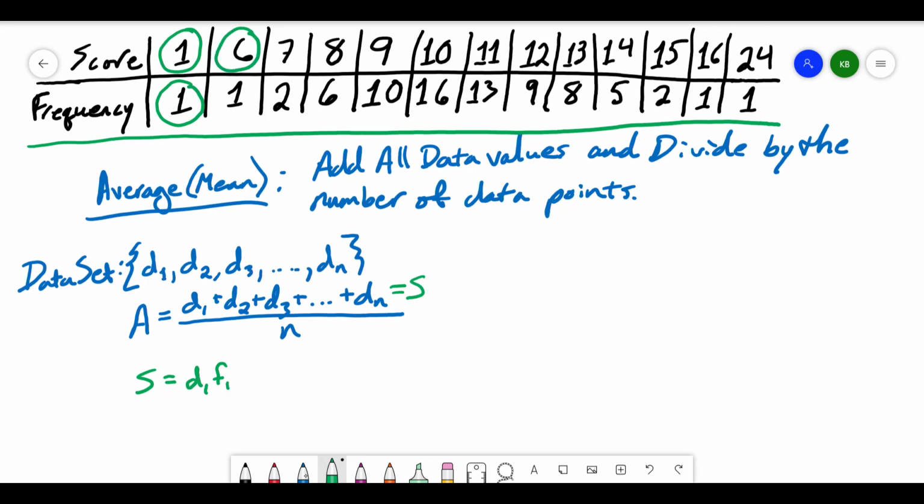Then I'll take data point 2 times its frequency, and I'll add these things together. And I'm going to do this for all of the values that my data takes on, so I'll be going up to some data point k and its frequency.